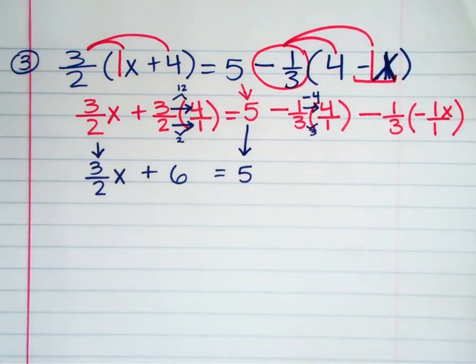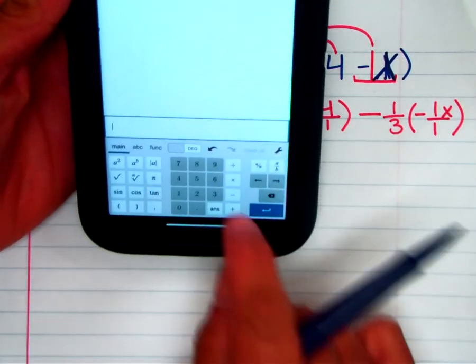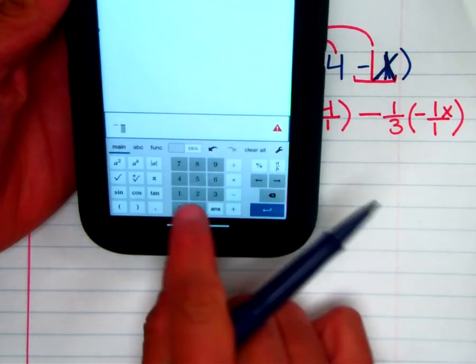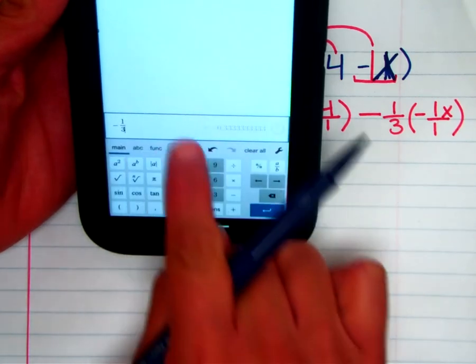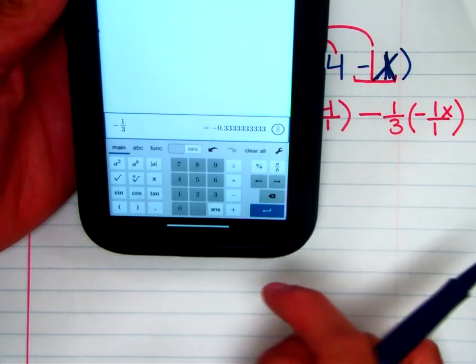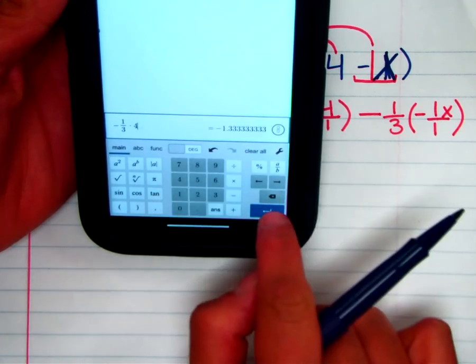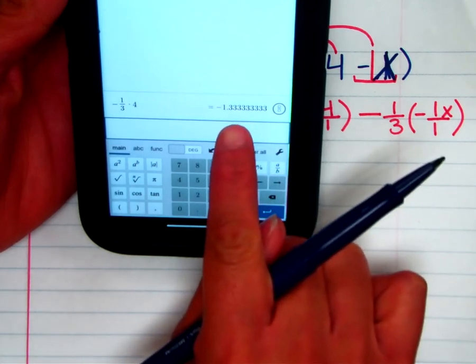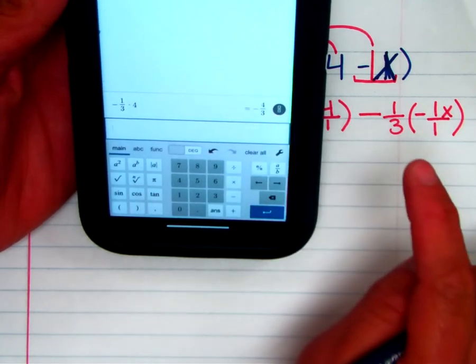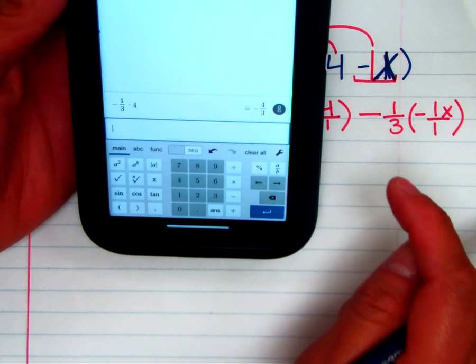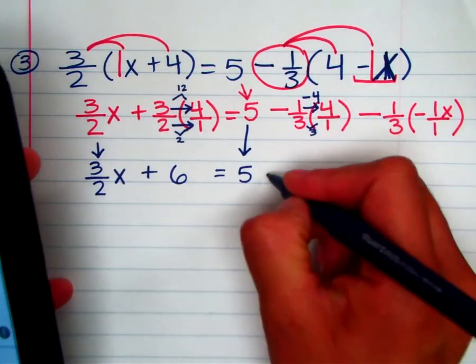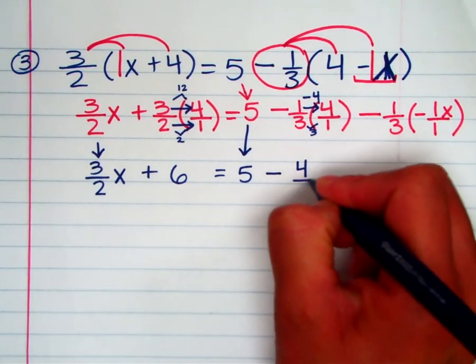Again, we could have used our calculator and we could have input this as negative 1/3. Make sure you click on the outside of the fraction when you are multiplying, times 4. Here you're going to get a decimal, but you can convert that decimal to a fraction. You don't want to keep it in decimal form. All right, negative 4/3. So we're going to write negative 4/3.